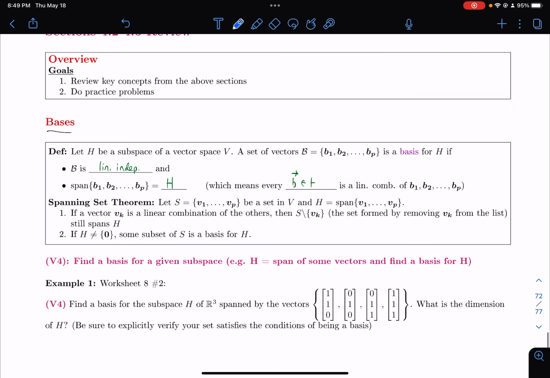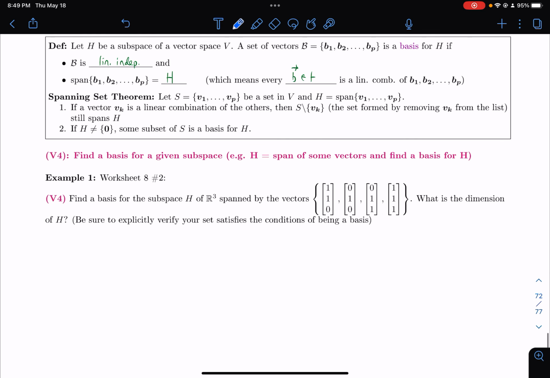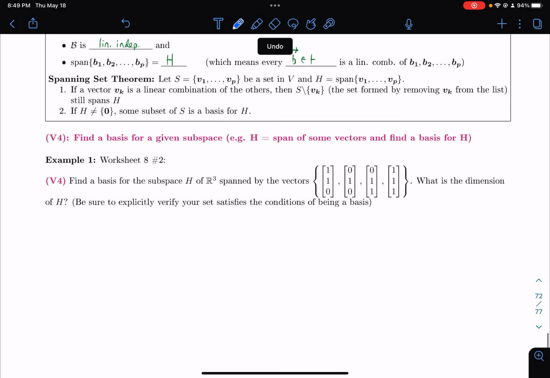Okay, so let's start taking a look at some practice problems. These are geared around standard V4 from our syllabus, which is about finding a basis for a given subspace. Here's a practice problem from one of our worksheets, which says: find a basis for the subspace H of R3 that is spanned by these four vectors.